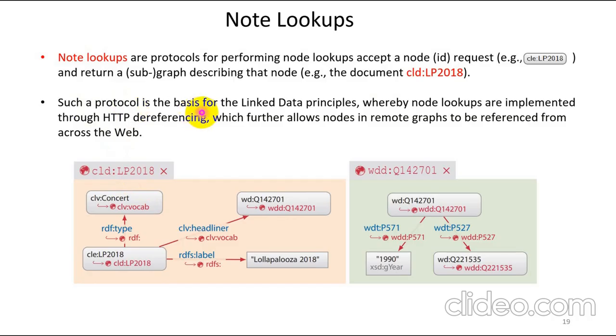Such a protocol is the basis for the linked data principles outlined previously, whereby node lookups are implemented through HTTP dereferencing, which further allows nodes in remote graphs to be referenced from across the web.